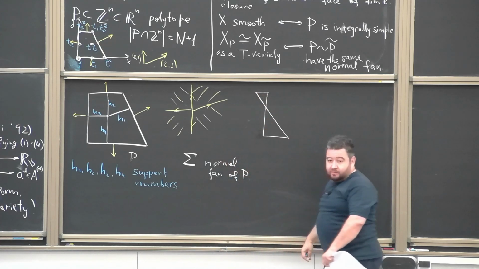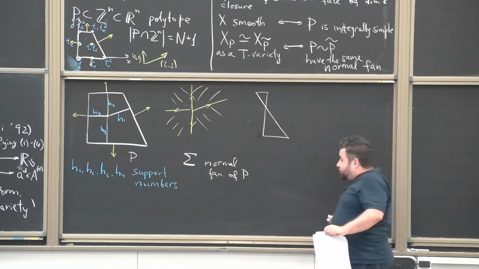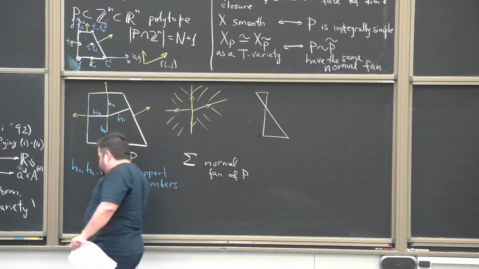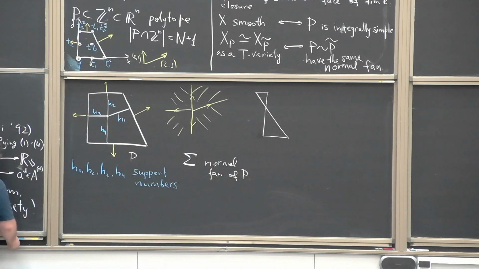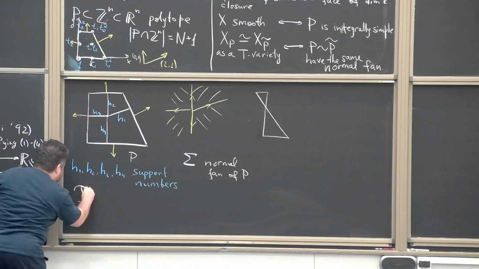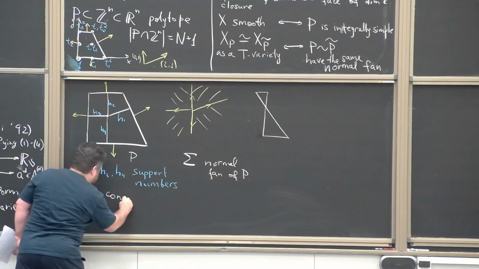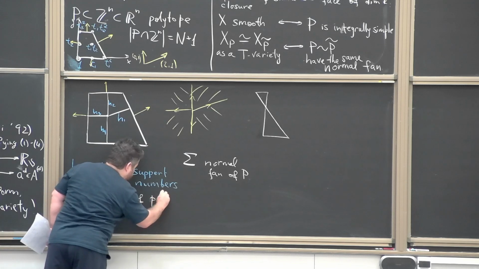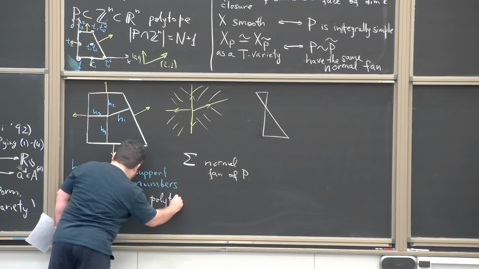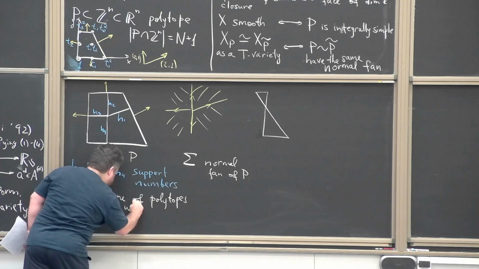But if you're lucky, you get an actual polytope. These polytopes live inside a cone, so you can add them by Minkowski: P_sigma plus, the cone of polytopes with fan sigma.